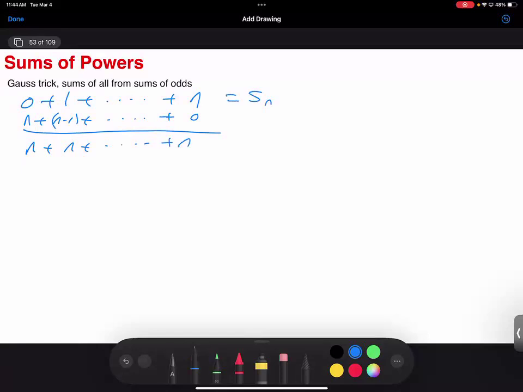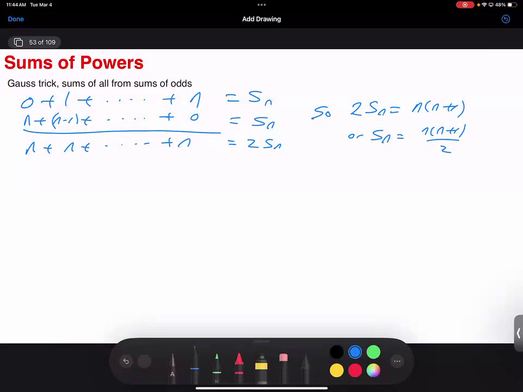And so if we call this sum Sn, then we know that twice Sn is just n plus n plus n, n plus 1 times. So 2Sn is n times (n plus 1), or Sn is n times (n plus 1) over 2. Beautiful trick.